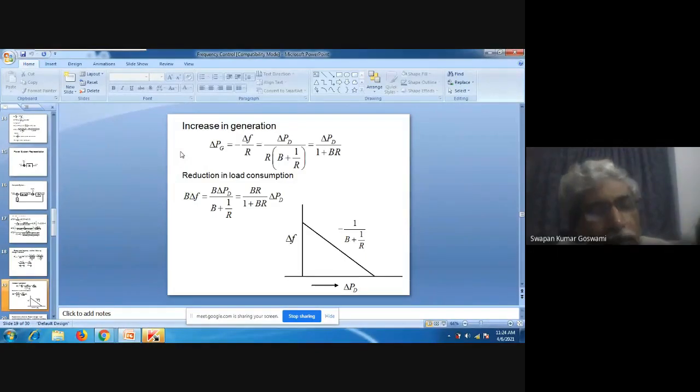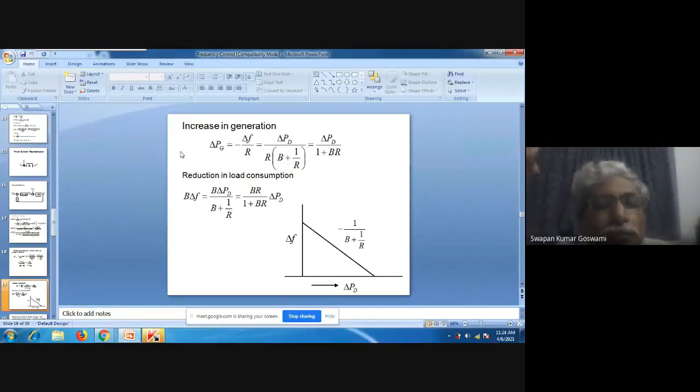The system has some energy stored in its rotating parts, in the rotor of the generator. There is kinetic energy stored in the rotor of the generator, and in the rotors of all other rotating machines also there is some energy stored.